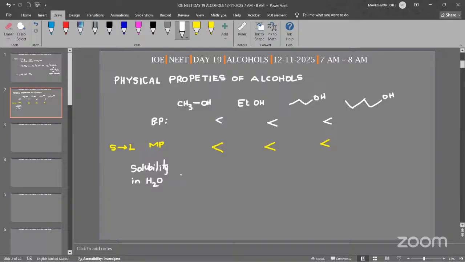Second one is repulsions between water molecules and carbon chain. First point is hydrogen bond. Second one is repulsions between carbon chain and water molecules.